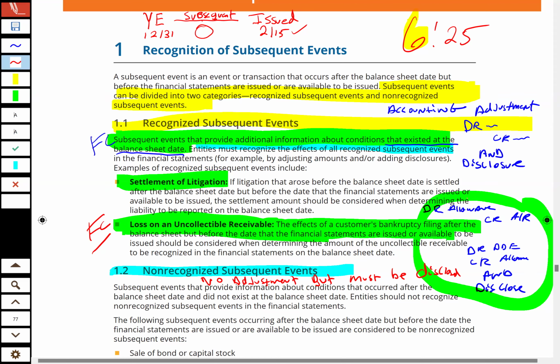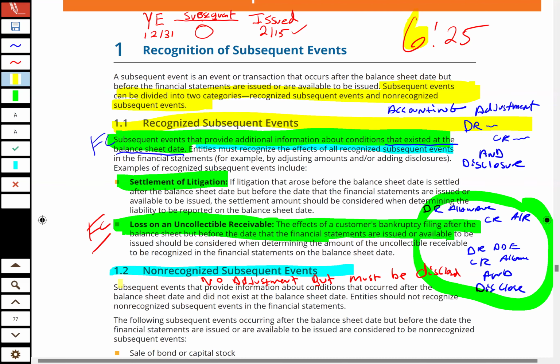Yes. So I'm not going to make an adjustment to debit loss and credit the asset. But now there's a hole in the ground before the financial statements are issued. What would I do? Next to property, plant, equipment, I'd have see note 11. And there would be what? There would be a disclosure down there about this factory blowing up. Make sense?